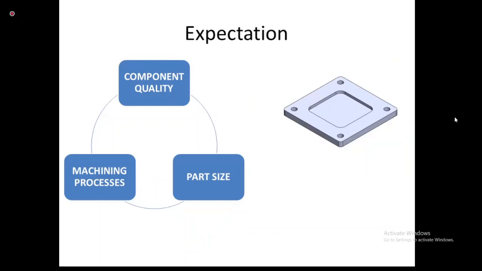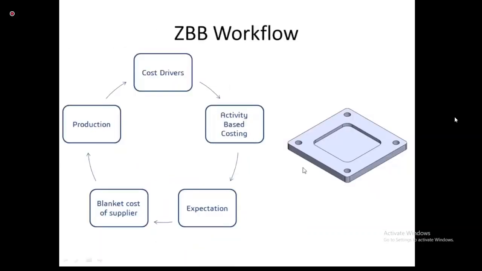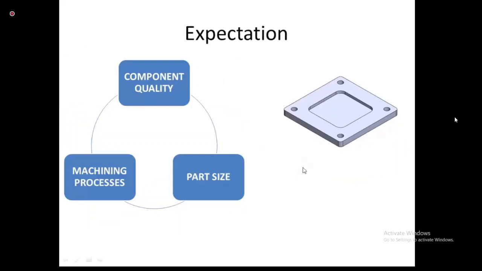Let us find out the next part, which is the expectations. It is very important that whenever you are doing zero based costing, whenever you are doing zero based budgeting, first of all you should know what is the expectation of the management for the product.